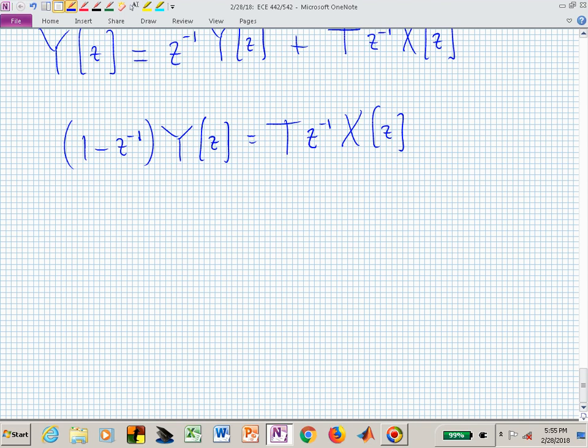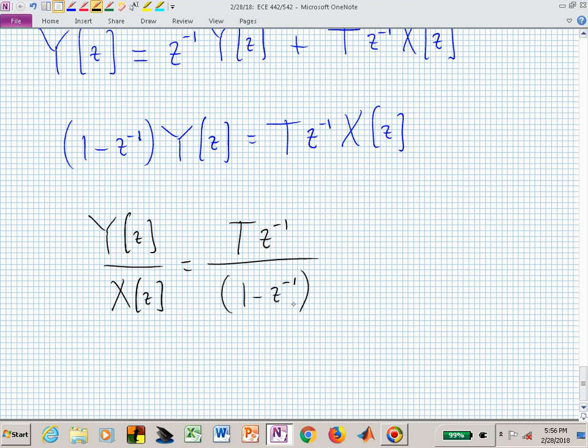And our transfer function is output's transform over input's transform, producing then, by performing the appropriate cross multiplication, numerator T z to the minus 1 over 1 minus z to the minus 1. And if you're not comfortable looking at that in terms of polynomials of z to the minus 1, we can multiply by 1, which is z over z, and that then produces T over z minus 1.